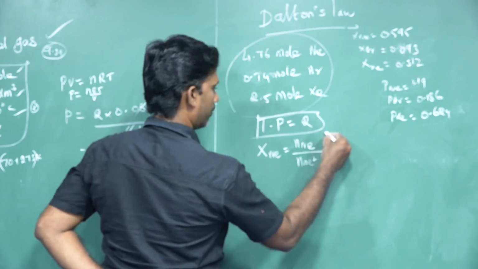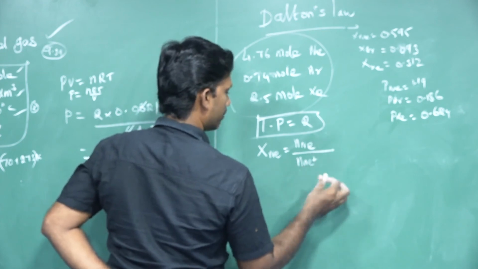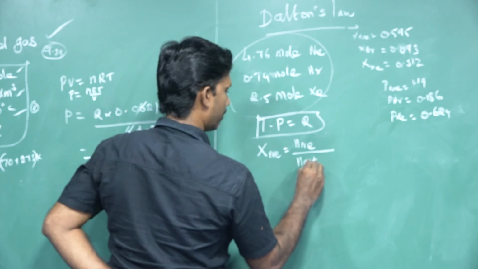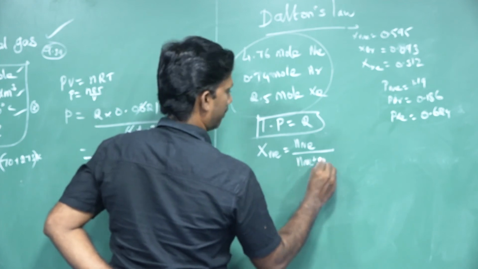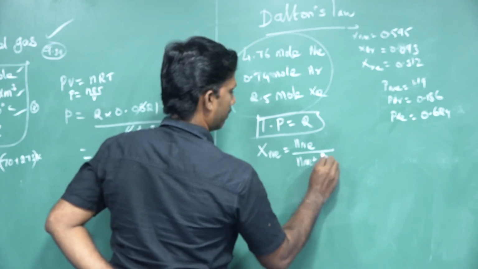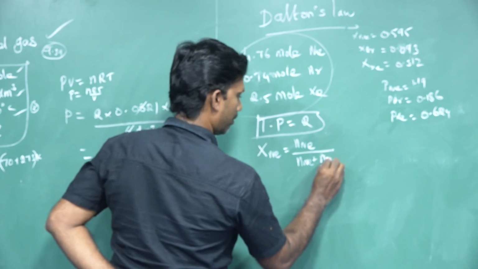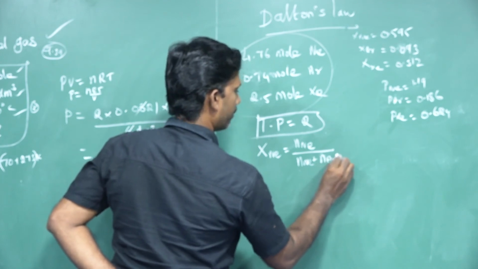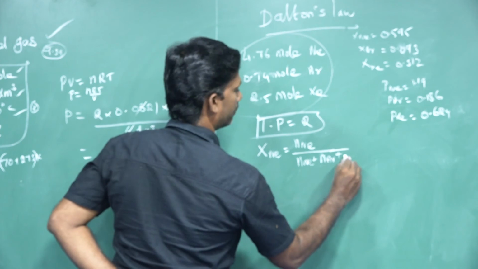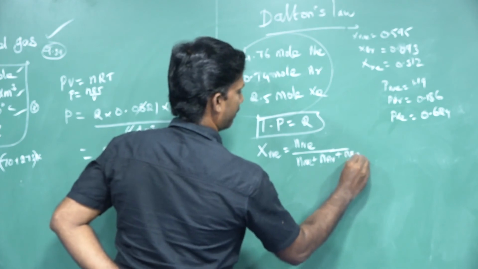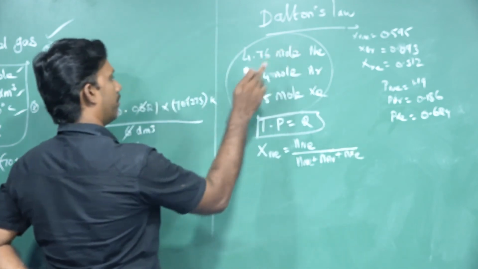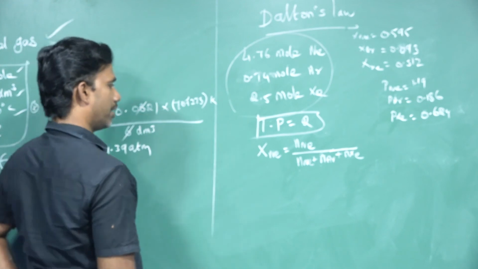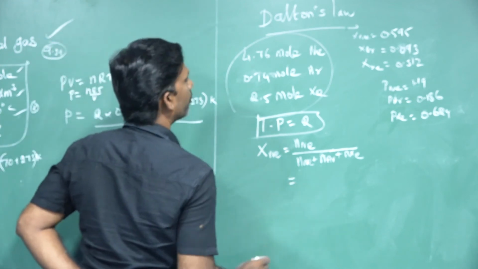Mole fraction is the number of moles divided by the total number of moles. That is, number of moles of neon, plus number of moles of argon, plus number of moles of xenon. The number of moles of neon, argon and xenon are given in the question itself. If you apply it, you will get the answer.